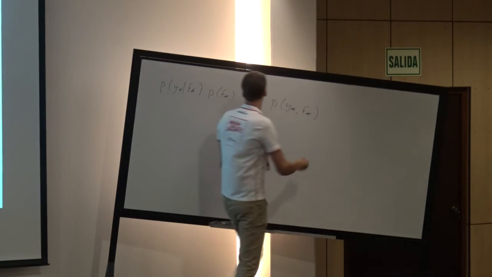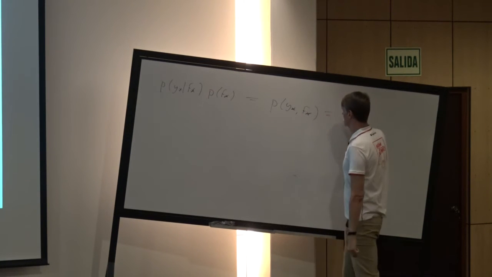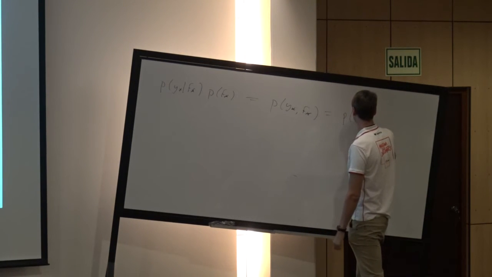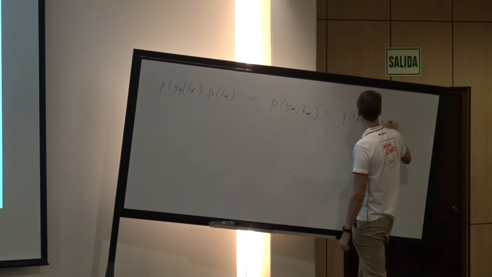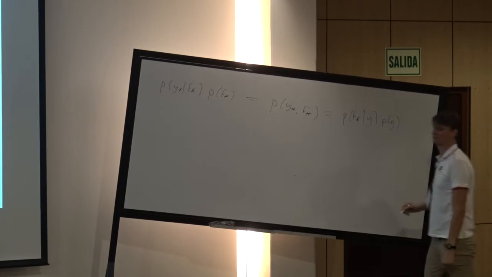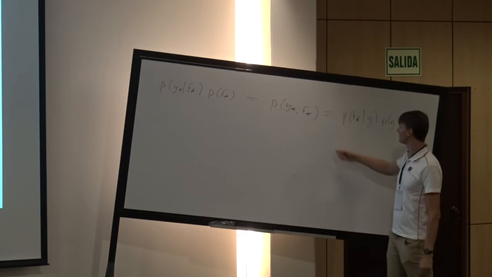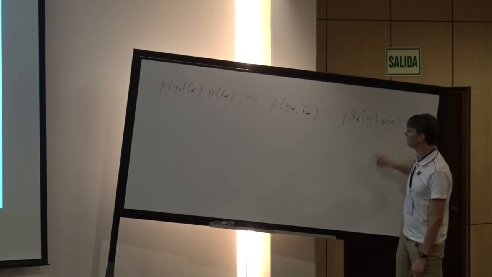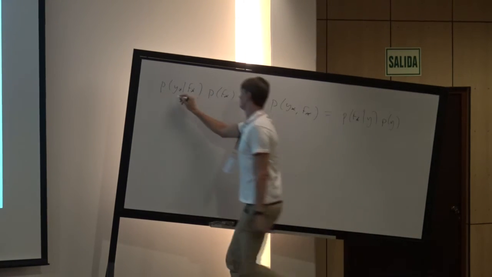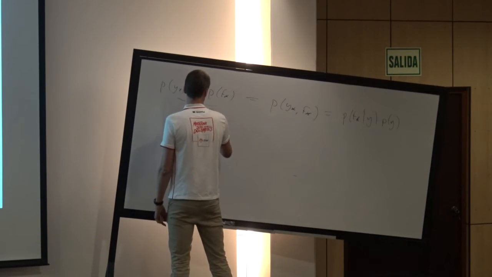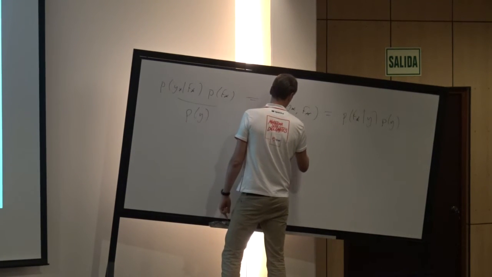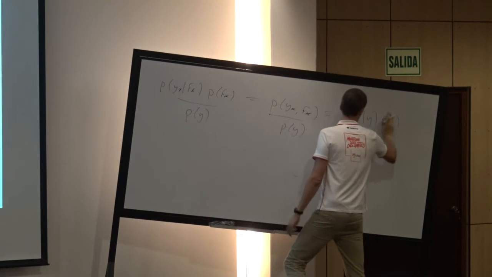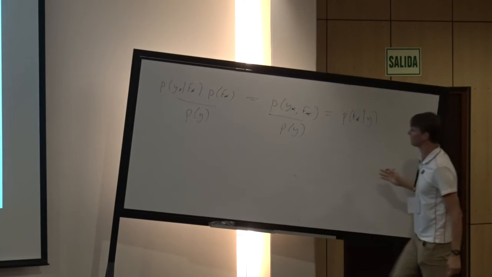And the product rule of probability also tells me that that's equal to P of f star given y, P of y. So that's just expressing the joint distribution. So complex Bayes' rule says divide both sides by P of y. It's not very difficult, and I don't think it should even be given a name.